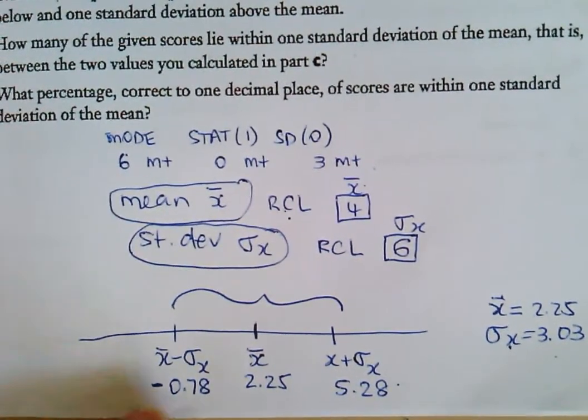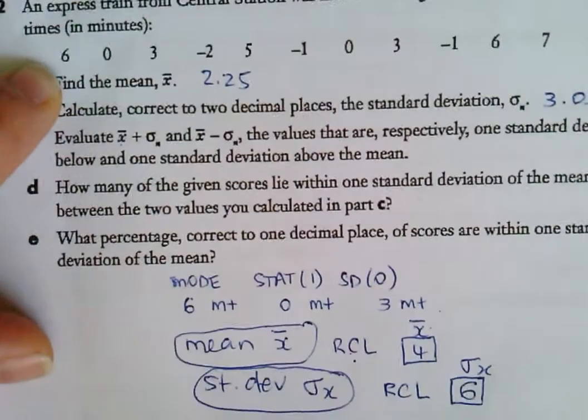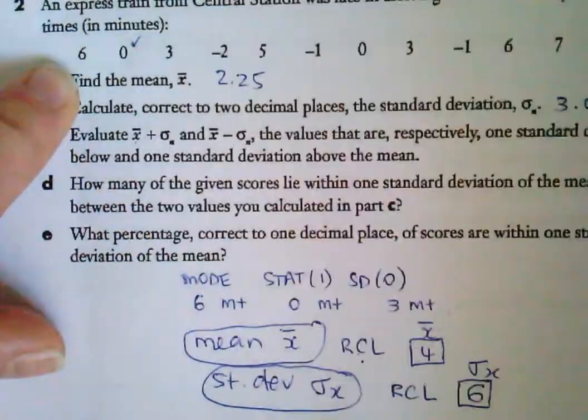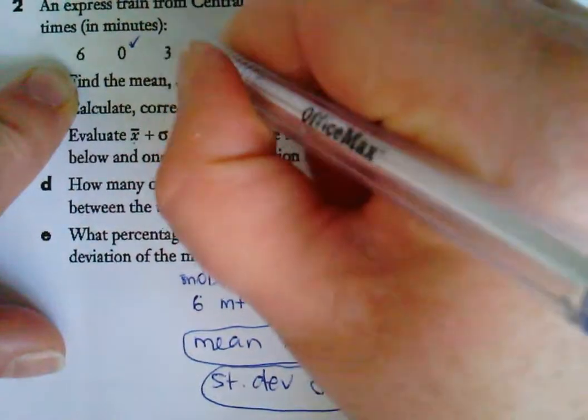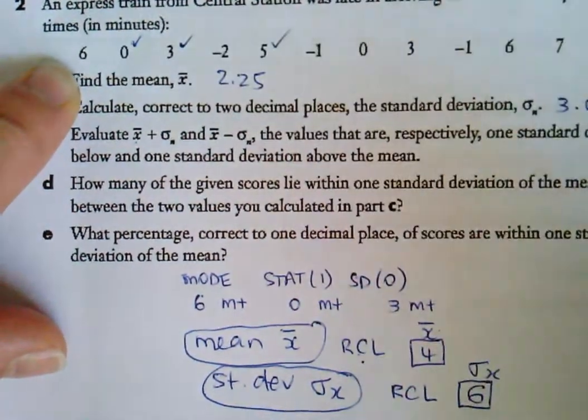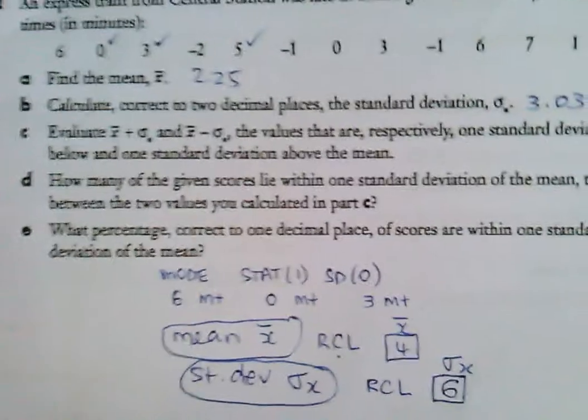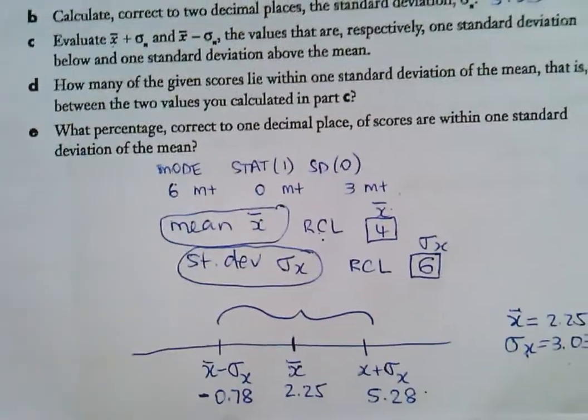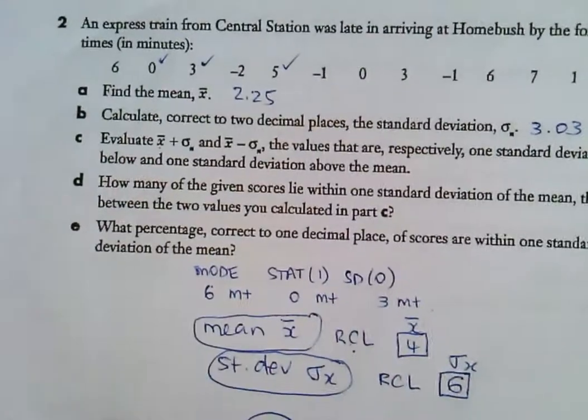So I'm looking for between negative 0.78 to 5.28. Is 6 in there? No. 0 fits in there. Do you get what I'm doing? 3 fits in, 2 doesn't. 5 is in there because I'm going from negative 0.78 to 5.28.